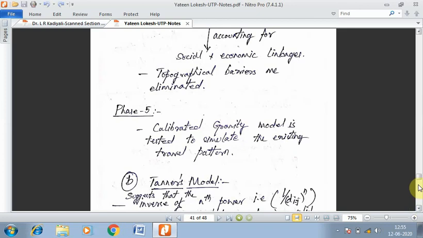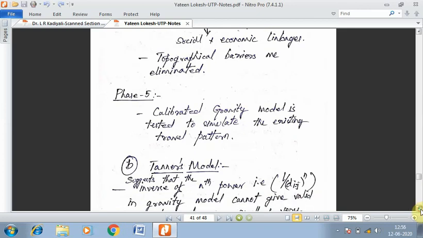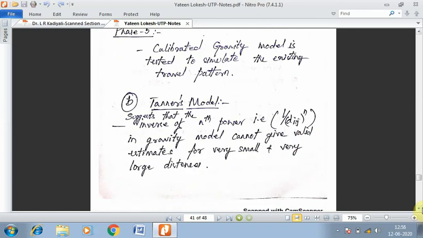The next method we have under synthetic methods of trip distribution is Tanner's model. On similar grounds as we worked for the gravity model, there was a person named Tanner who developed a modified version of the gravity model with certain observations made by him.